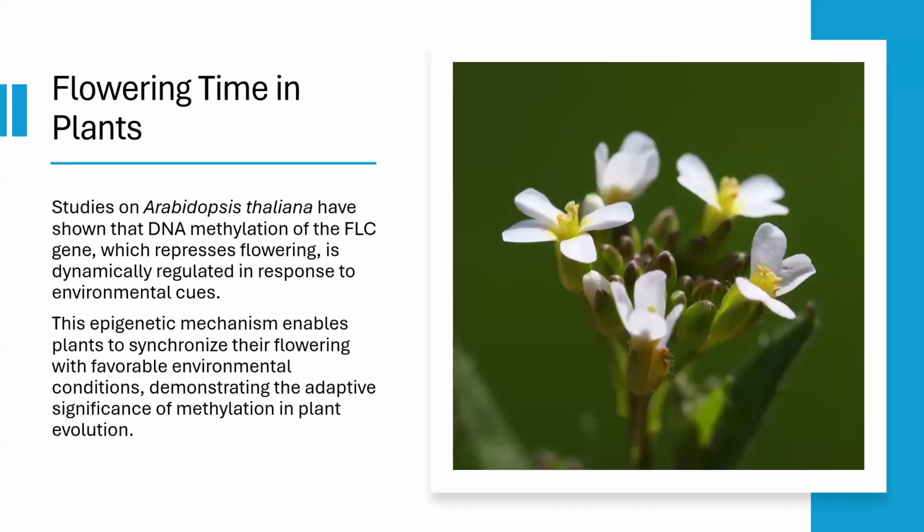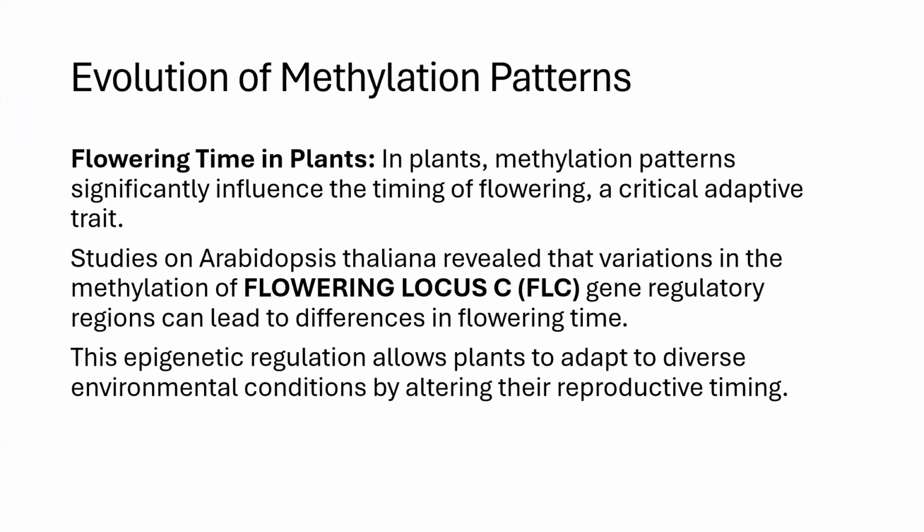Right? Flowering time in plants. In the ubiquitous model plant Arabidopsis thaliana, researchers have found that the FLC gene, which represses flowering, is dynamically regulated in response to environmental cues, so that the plants thereby synchronize their flowering with environmental conditions, demonstrating the adaptive significance of methylation in plant evolution at the flowering locus C, the FLC gene regulatory region.